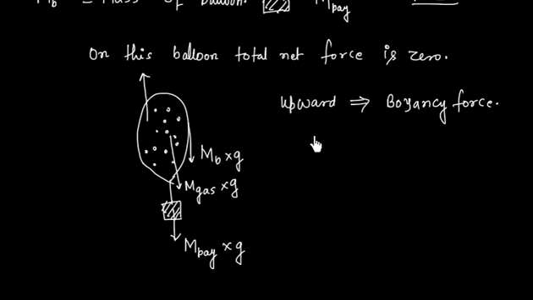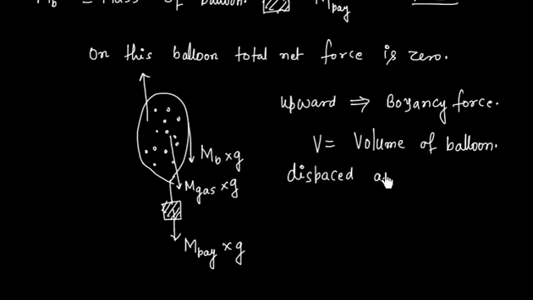So if I say V is the volume of the balloon, the same volume of air is displaced from this position. So the displaced air is also V volume. Now let us say rho air is the density of air. This is given.